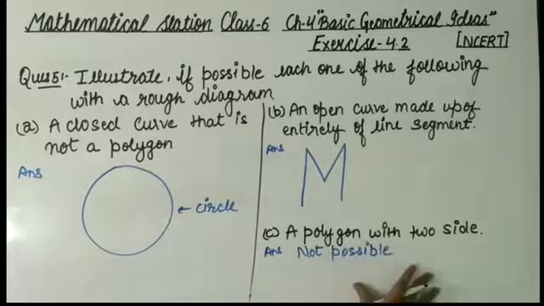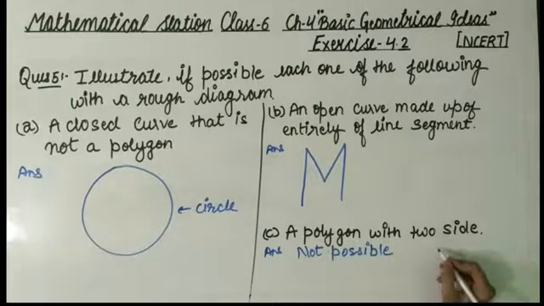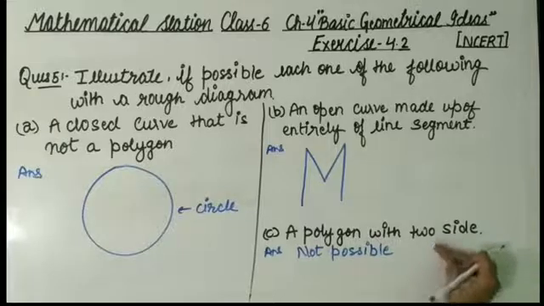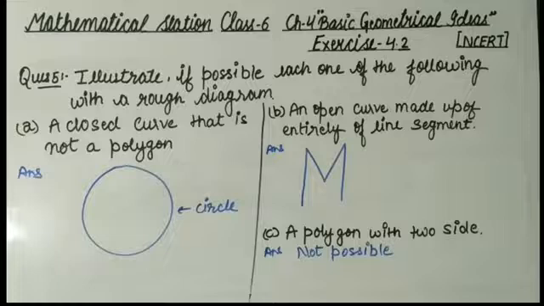Because whenever we draw any polygon, it should be closed also, and with only two sides, it is not possible. Dear student, remember this, that for making a polygon, we need a minimum of 3 sides. We can't draw a polygon with fewer than 3 sides. For this, we should have 3 or more sides.